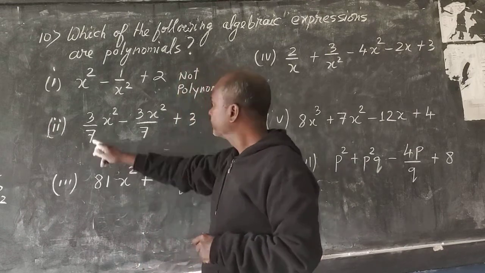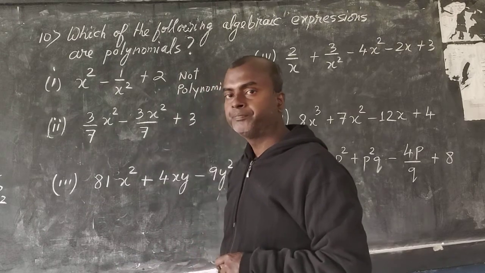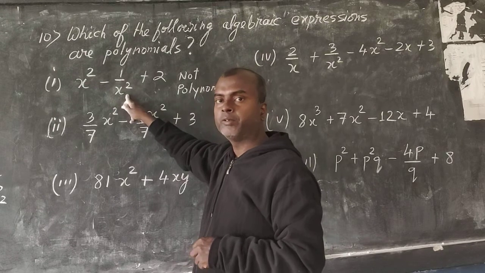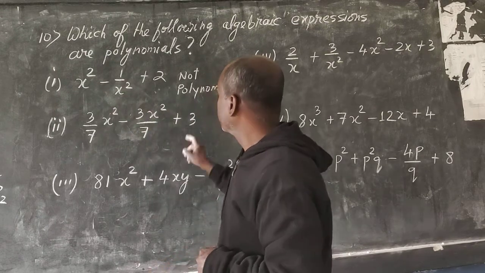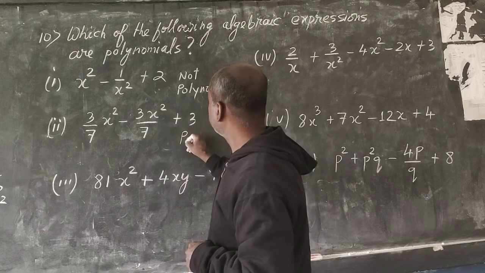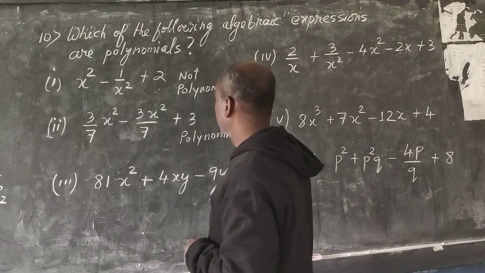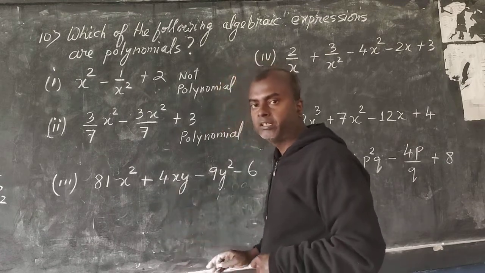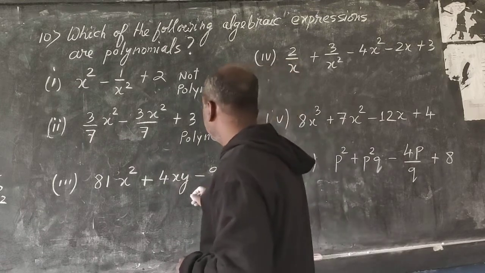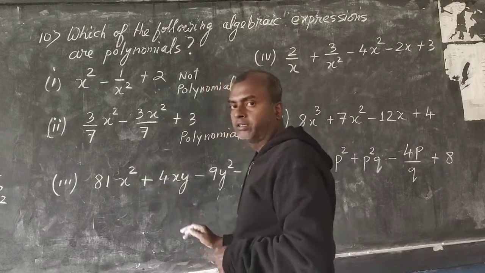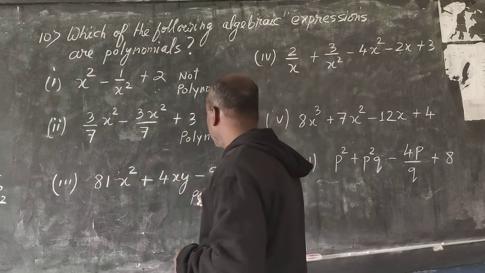Okay, this is fine. There is a denominator and there is a number in the denominator. Numbers are allowed, not variable. If there is a variable in the denominator, then the whole expression is not a polynomial. So this one is a polynomial. This doesn't have any denominator as such, so it qualifies to be a polynomial. Okay, there is no denominator, so no question of variable being in the denominator, so it's a polynomial.